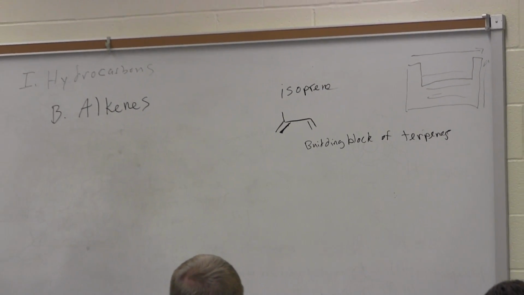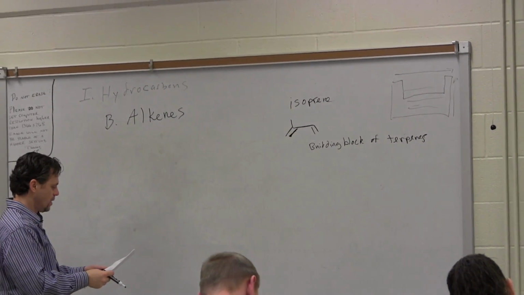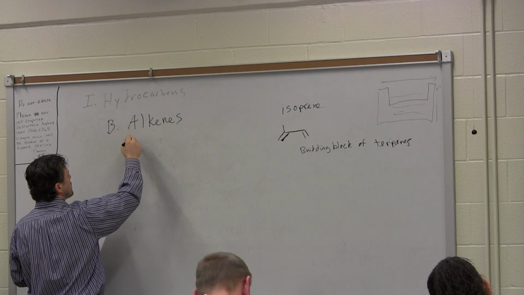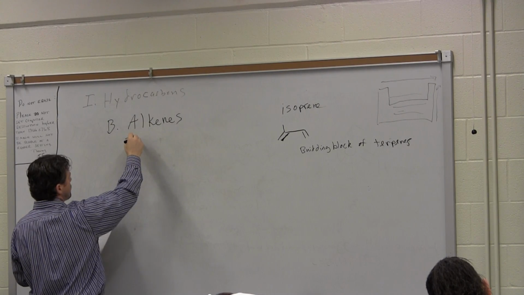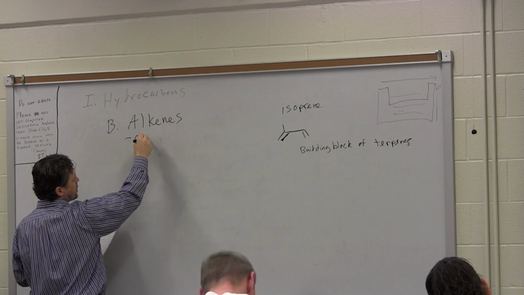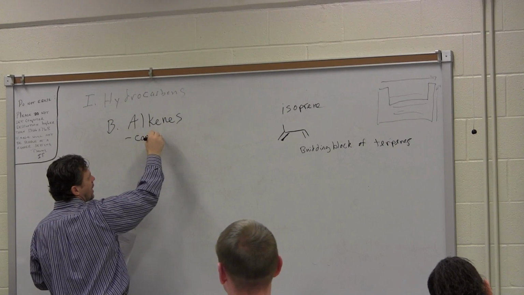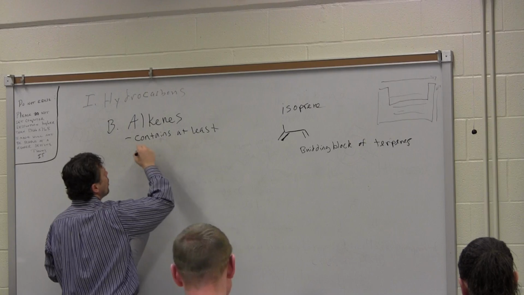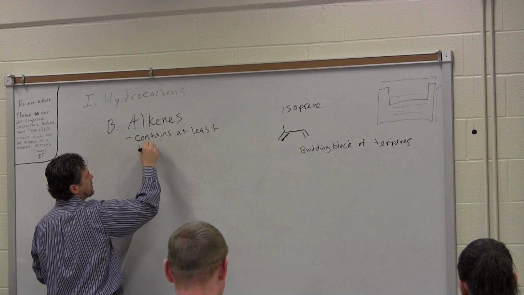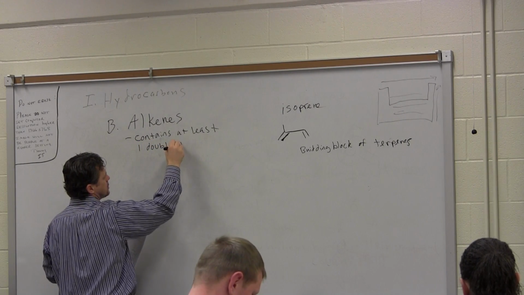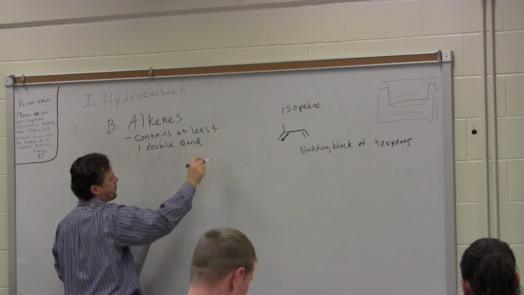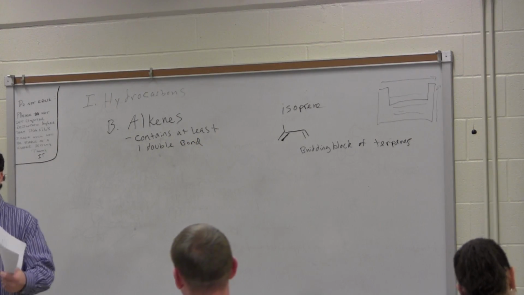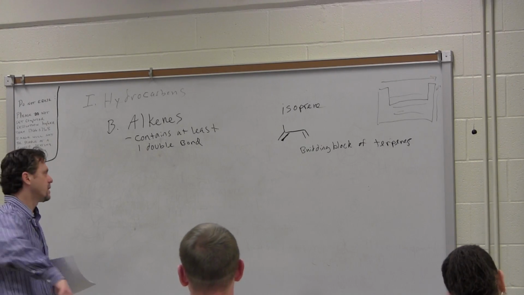An alkene is anything that has at least one double bond, okay? So the definition, for our purposes, all you need to know, contains at least one double bond. If it has one double bond, it's an alkene, and there are further subclasses of alkenes that we'll talk about here in a second.